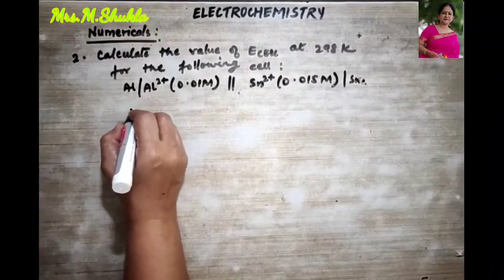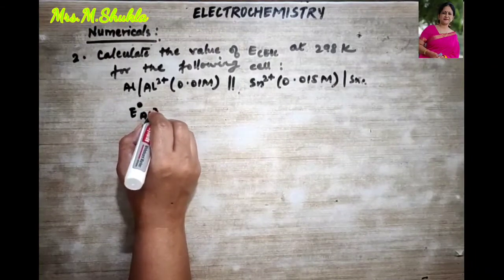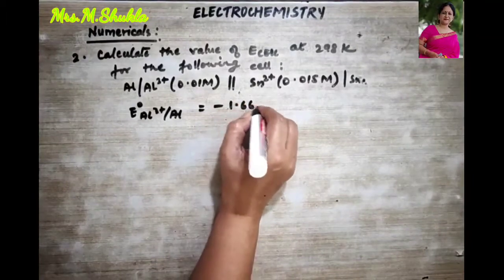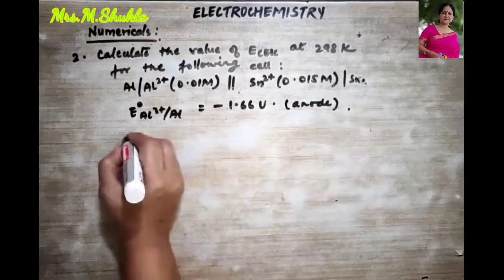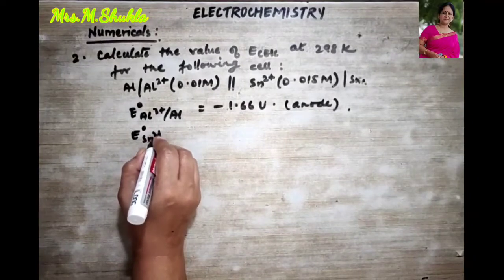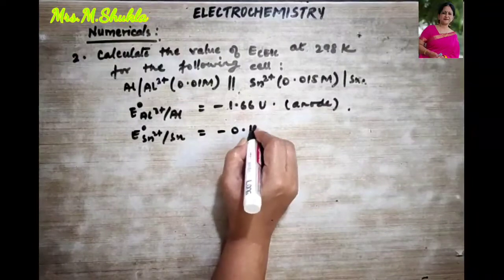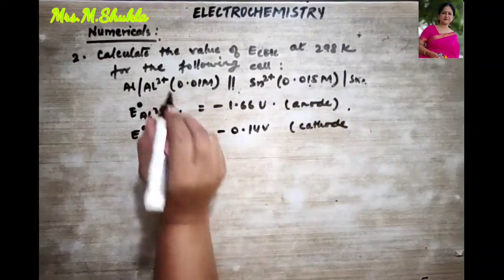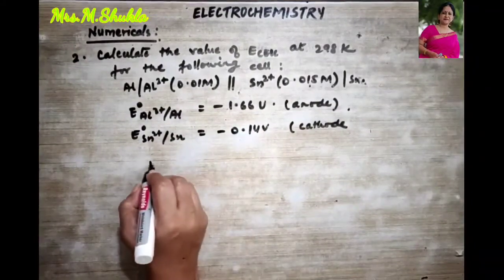It's given that the standard electrode potential of aluminium ion to aluminium is minus 1.66 volts. So this is your anode, clear? And that of tin ion to tin is minus 0.14 volts. So this is your cathode, and this is your anode. What formula are we going to use over here?